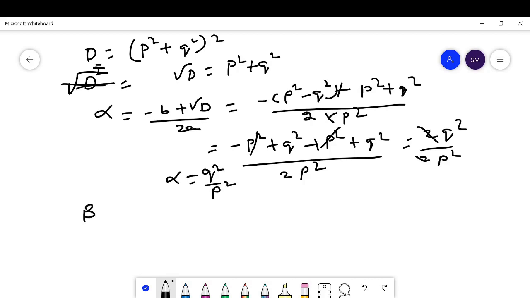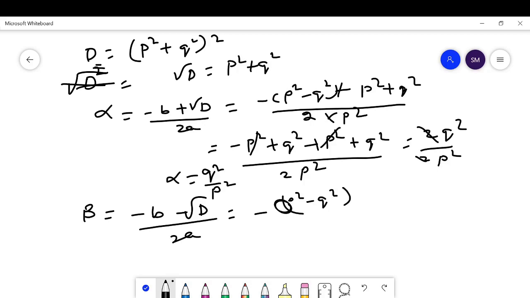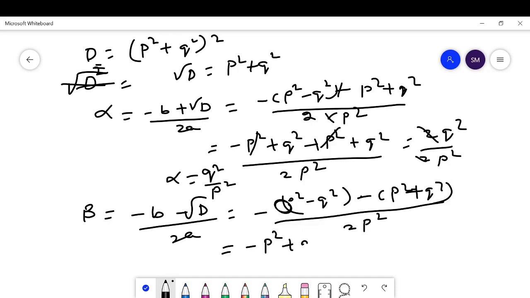In the same way we get beta is equal to minus b minus square root of D upon 2a, which is equal to minus of p square minus q square minus p square plus q square upon 2p square, which is equal to minus p square plus q square minus p square minus q square, plus q square minus q square cancel, upon 2p square.